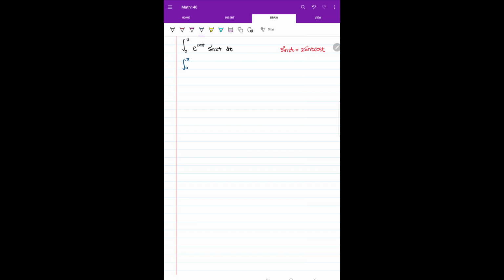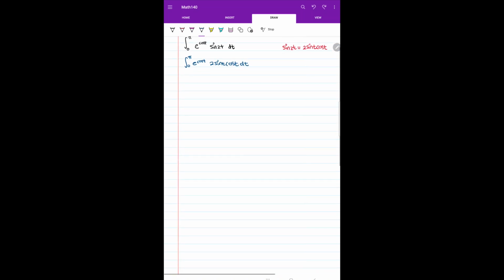So we have from 0 to pi e to the cosine t, then we said this part is 2 sine t cosine t. Aha! We have a cosine here and a cosine here. That kind of tells me that cosine is going to be my problem for today.